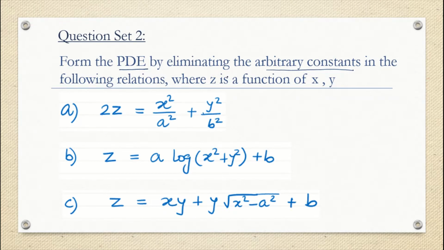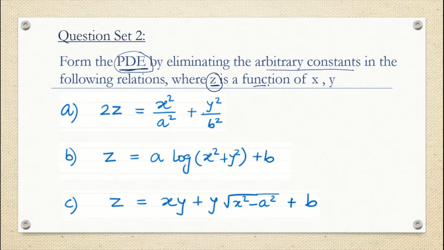Okay, so here we have to form the partial differential equation. So very first thing is, what is partial differential equation that we are going to form? So in partial differential equations, we will be dealing with multivariable function, correct? So multivariable function, here in this set of questions, they have mentioned that this z is a function, fine.